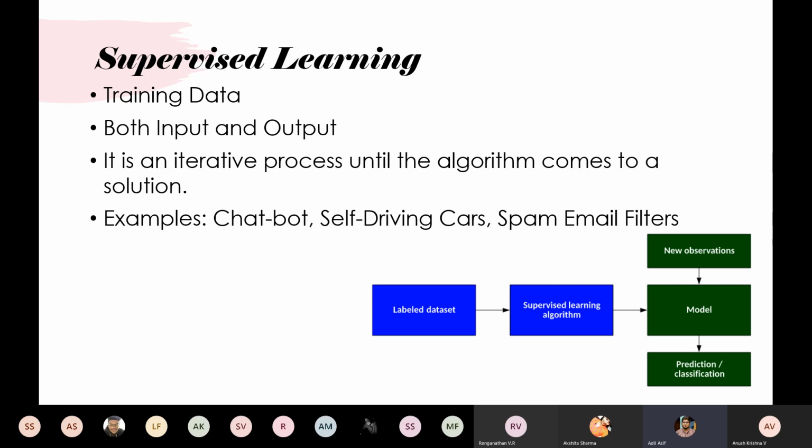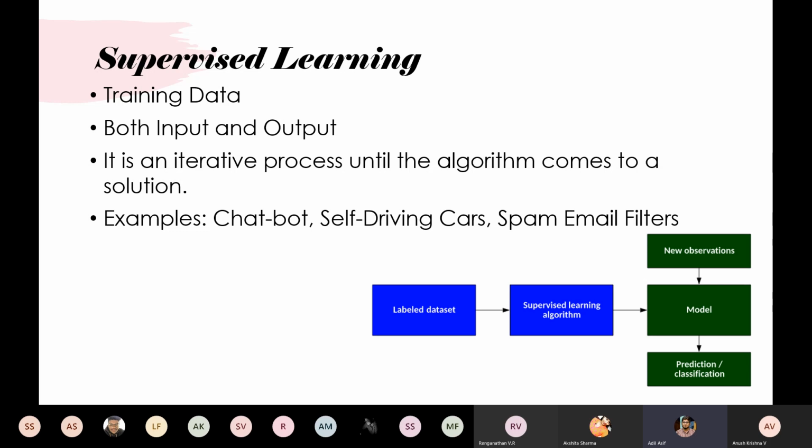It has an input and an output, so it maps it and learns on it until it has the preferred output. As the algorithm progresses, the accuracy of the algorithm increases, right? So that's the benefit of this iterative process.